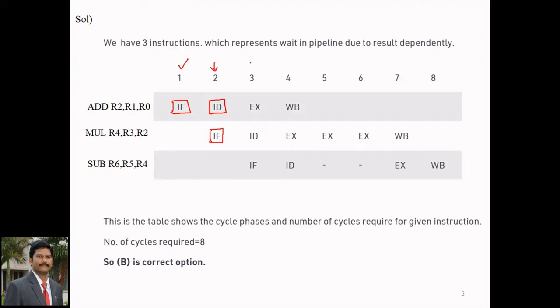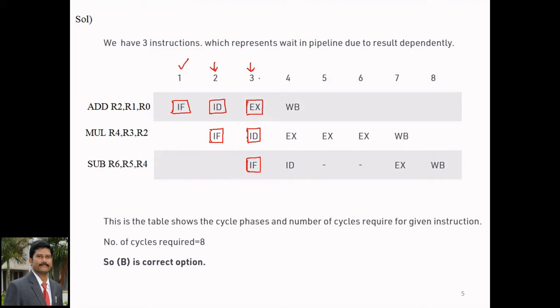Now at clock cycle 3, because each will take, he has given each will take only 1 clock cycle, right? This I1 add instruction is entered to the execution stage, and at the same time this ID unit is free, that's why this multiplication instruction entered to ID stage, and at the same time IF is free, so that's why the subtraction instruction is entered to this IF stage.